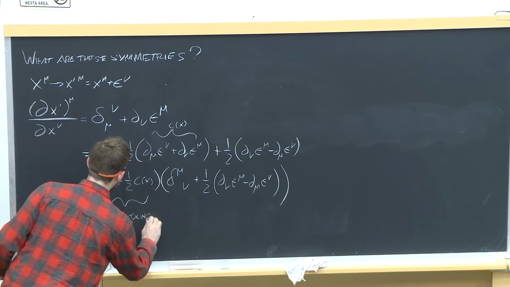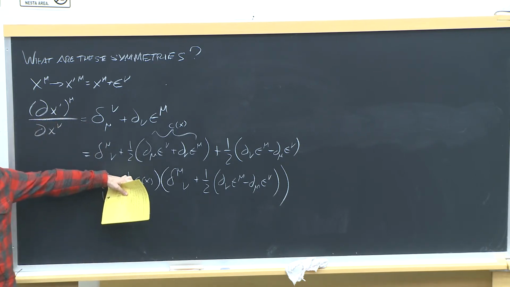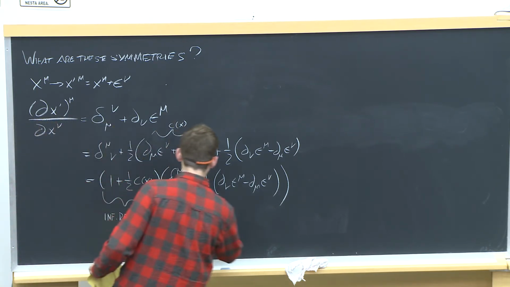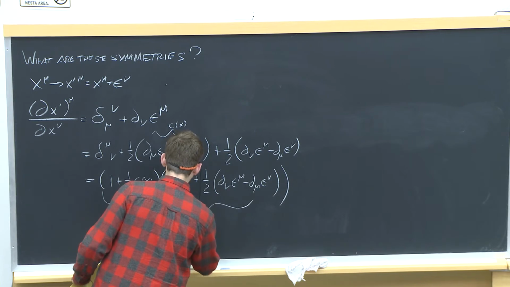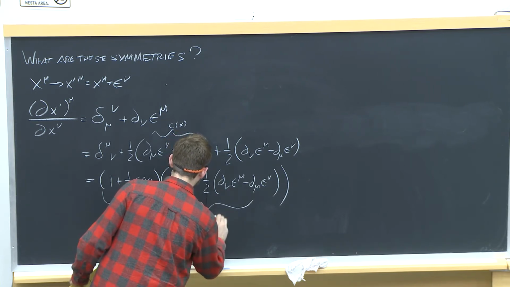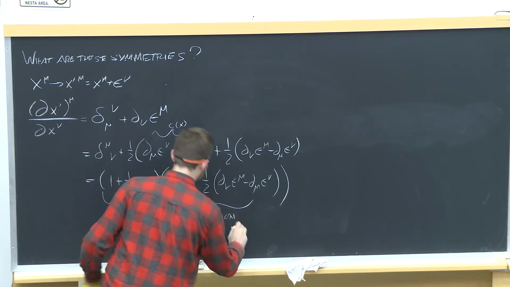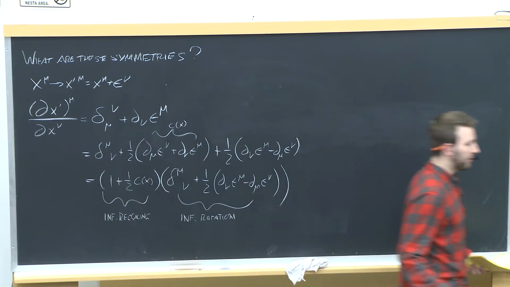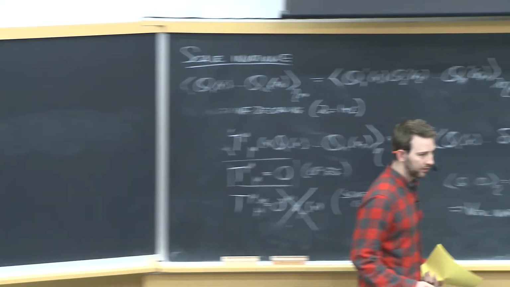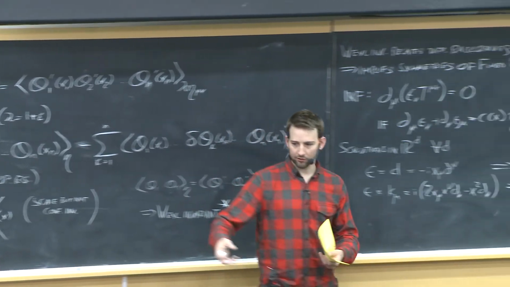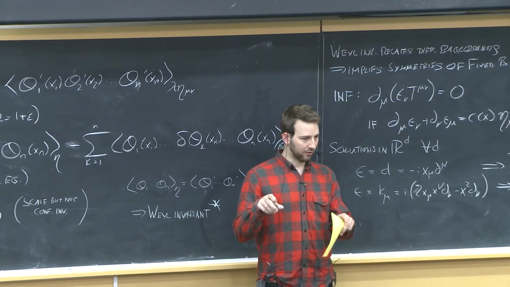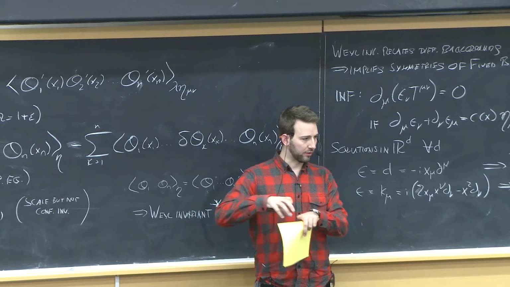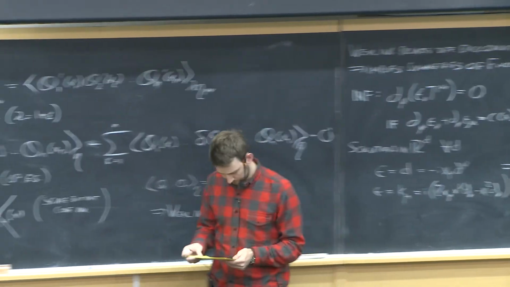It's just multiplying by this number. And this we recognize as an infinitesimal rotation. So these conformal transformations, including these weird special conformal ones, are diffeomorphisms, changes of coordinates that act locally as some combination of local rescaling and local rotation.